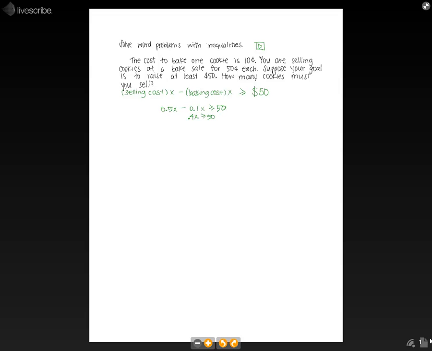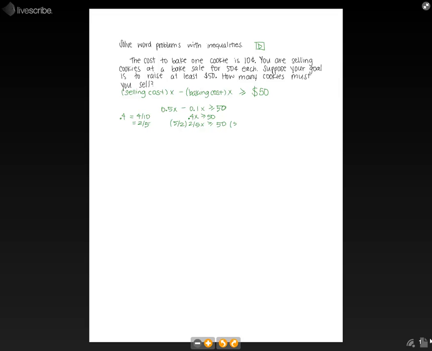Then we write 0.4X as a fraction. We can do 0.4 equals 4/10, which also simplifies to 2/5. So we can rewrite this as 2/5 X is greater than or equal to 50. Then we can multiply by our reciprocal. So it's 5/2.